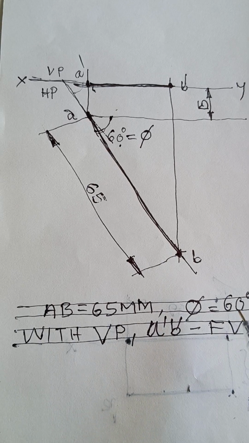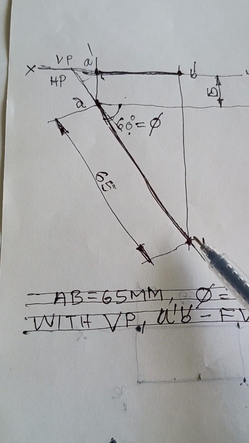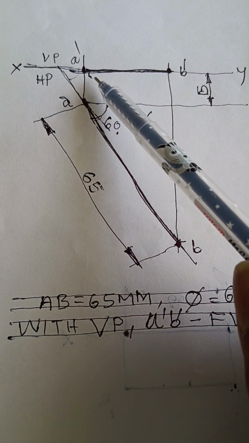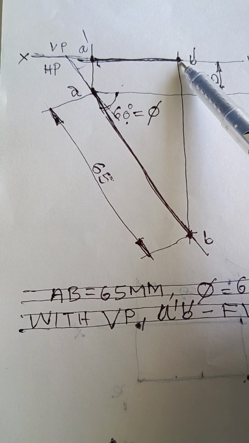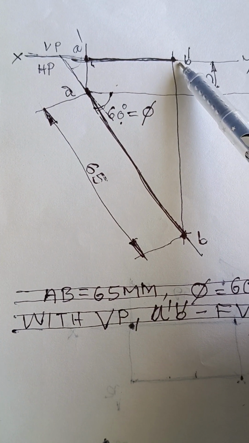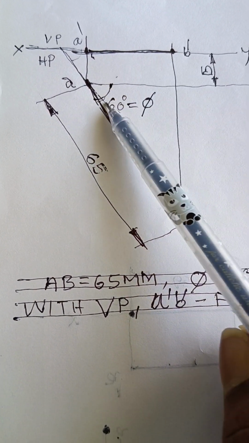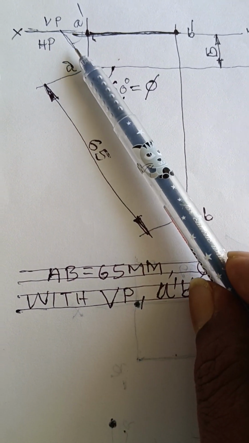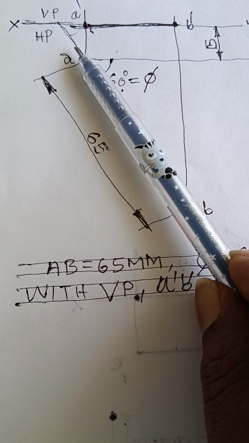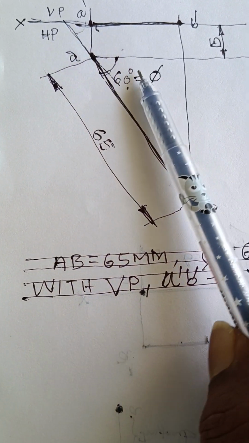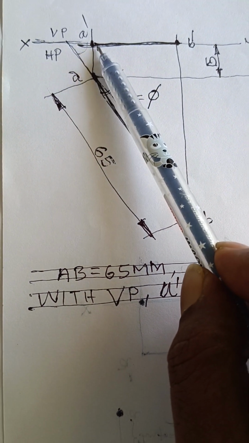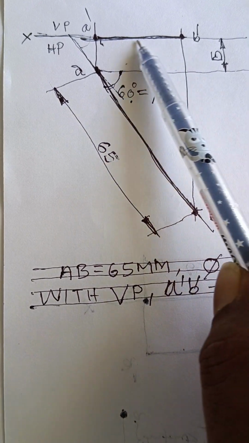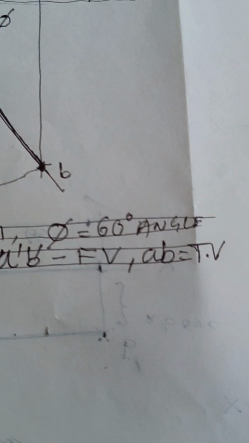In this problem, a dash b dash is not giving us the true length of the line. Why? Because it is inclined with the vertical plane. The front view of this inclined line AB, inclined with the vertical plane, gives us a reduced front view. A dash b dash is the reduced front view.